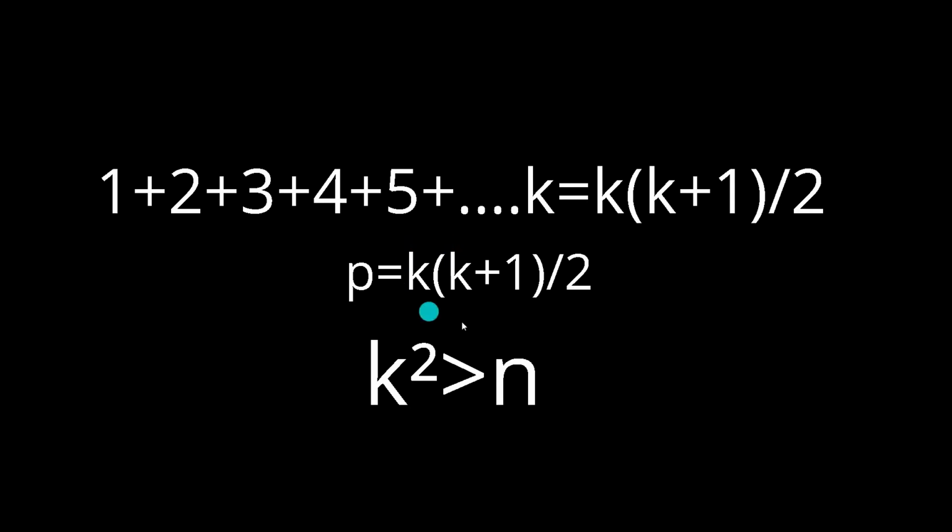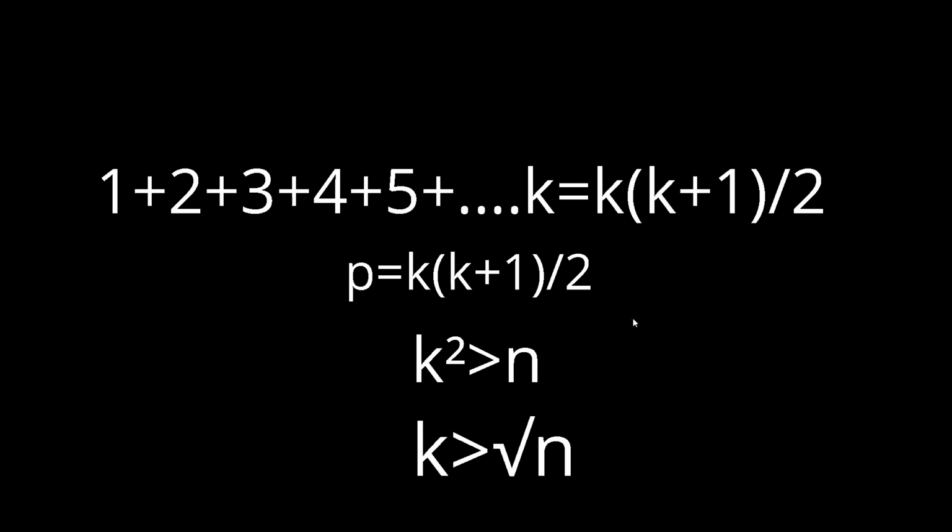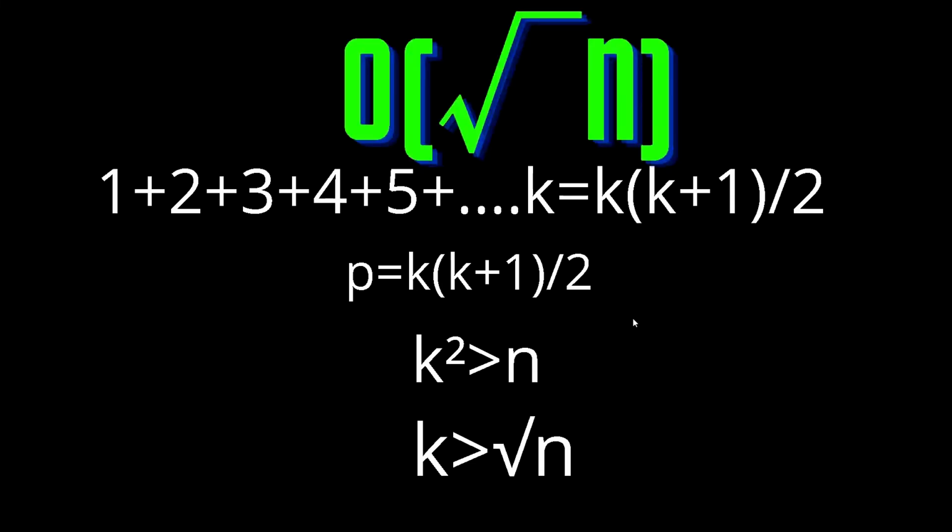The higher order term here is k square. So k square is greater than n. So after this, if you send the square to that side, it is going to become root. So k is greater than under root n. So from this, you can say that this is of the order of big O of root n.